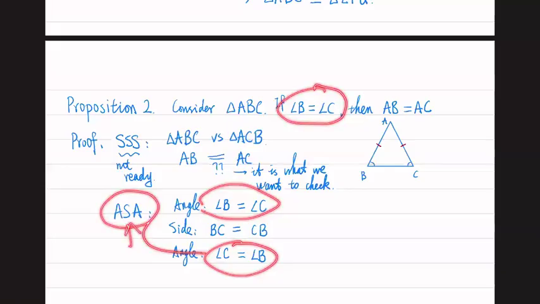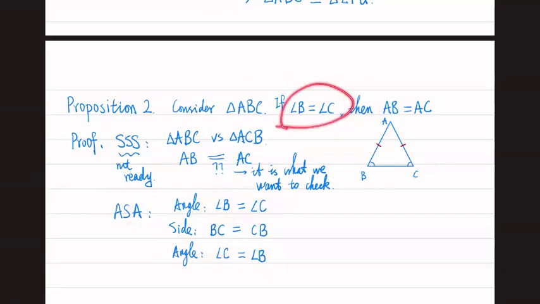We apply this one condition twice, then the ASA is applicable. We conclude the two triangles are congruent.